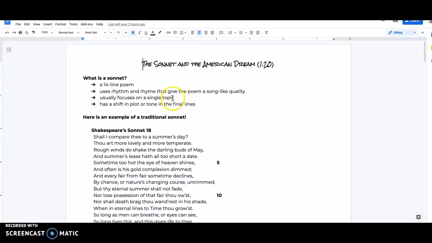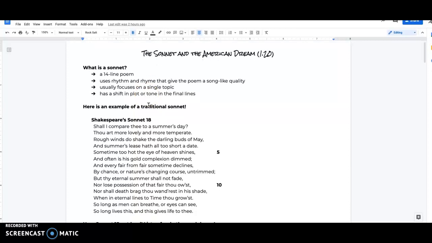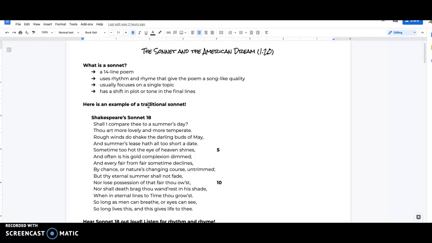It usually focuses on a single specific topic, and it contains a shift in plot or tone in the final lines. The poem will be talking about one thing and then shift to a different thing, or it will be giving one feeling and then shift to a different feeling. We'll take a look at what that might mean in this poem today.